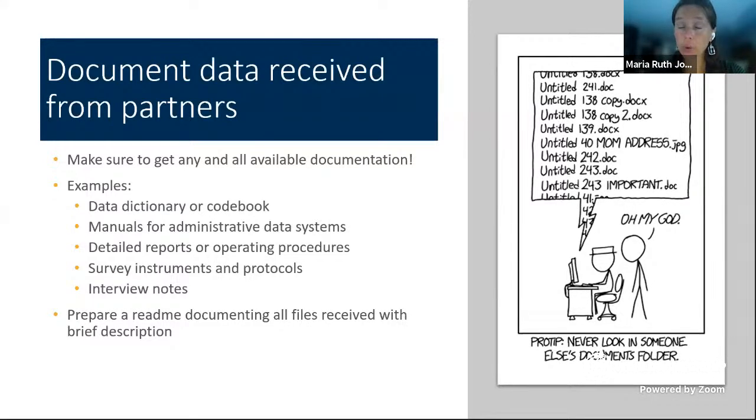And when you're accessing and acquiring all that data, that's the right time to get all of these supplementary materials, read through them, and prepare a README that documents all of your files that you've received with brief descriptions.